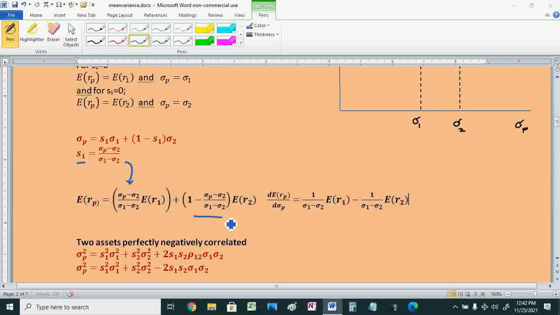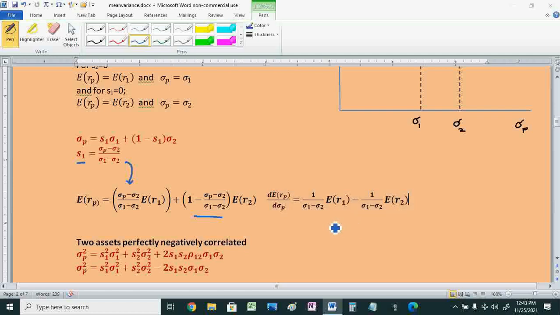of this equation with respect to sigma p, I get this equation, and this is like 1 over sigma 1 minus sigma 2 times ER1, and similarly 1 over sigma 1 minus sigma 2 times ER2.